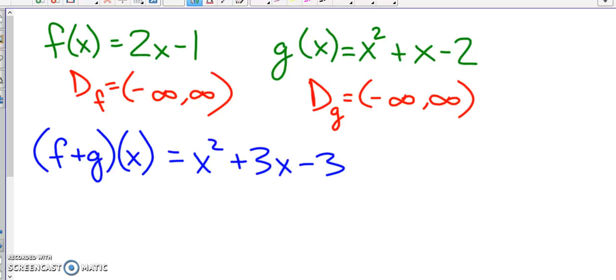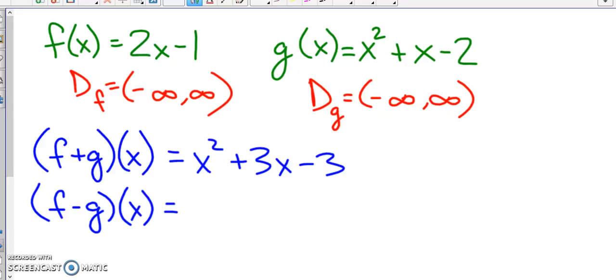And you get that by just adding those together and combining like terms. You probably don't need to show a whole ton of work for that. This one, on the other hand, might be a good idea to show a little bit of work.